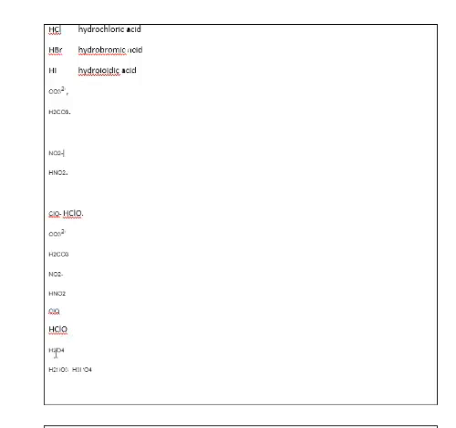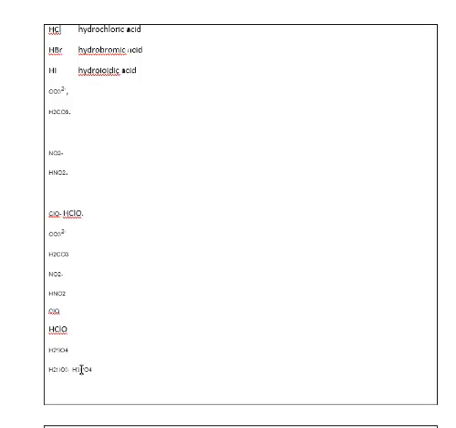Capital H, and something's missing here, there should be an S after the O. Capital H, subscript 2, capital S, capital O, subscript 4. Capital H, subscript 2, capital S, capital O, subscript 3.